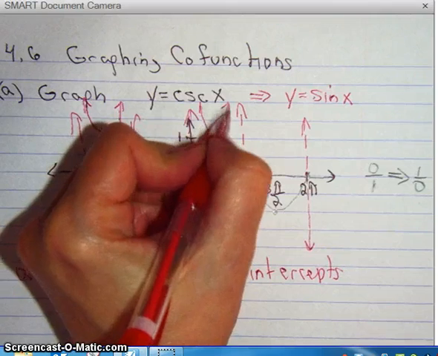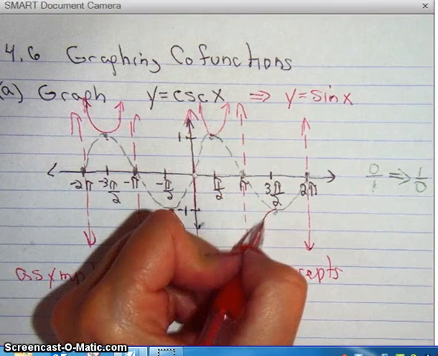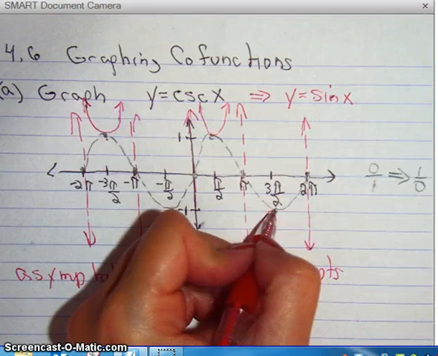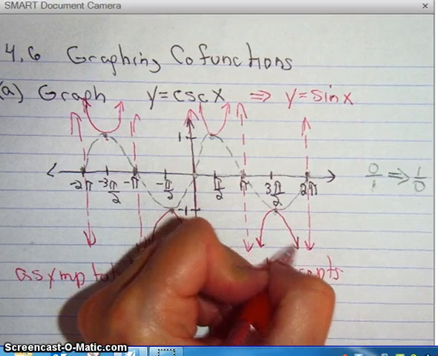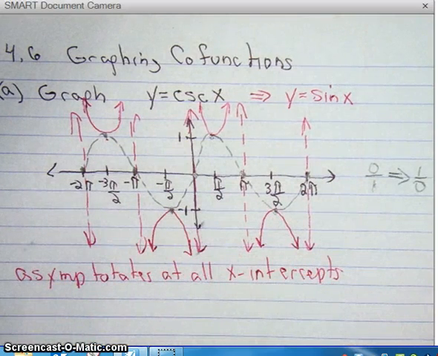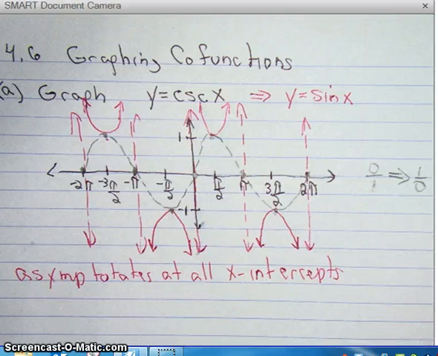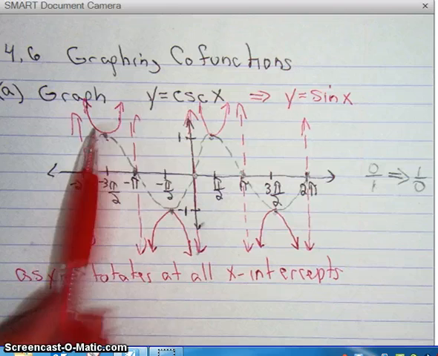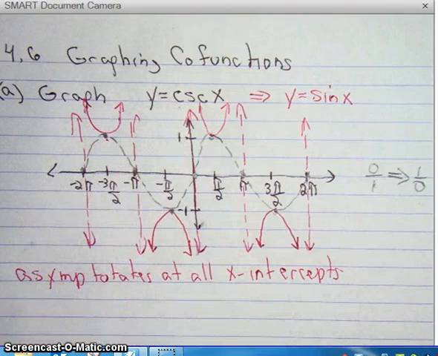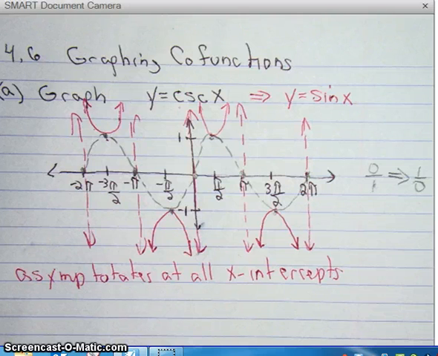Does it have to be drawn like this? I'm not that picky. Okay, so this is actually the graph of y equals cosecant x.